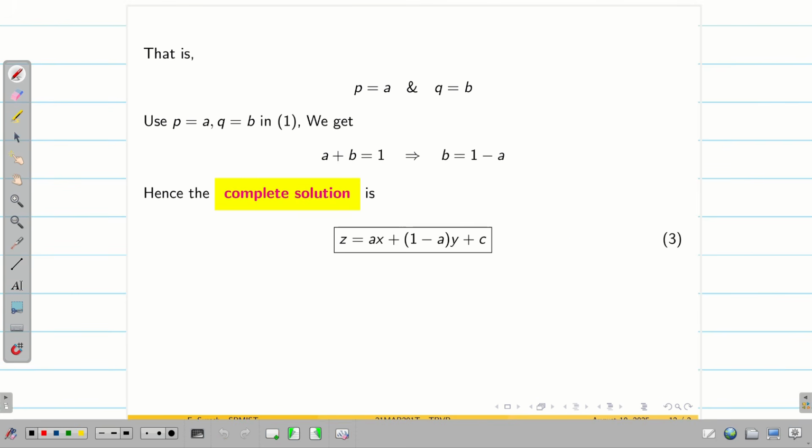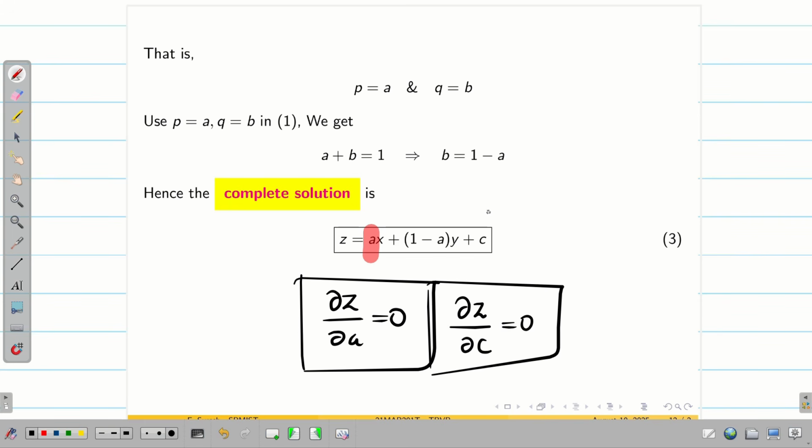Next we are going to find the singular solution. For most of the standard types we don't have singular solution. The reason is, to find singular solution we have the condition ∂z/∂a, because a is one arbitrary constant, and the next arbitrary constant is ∂z/∂c equal to 0. Now when I find ∂z/∂c from equation 3, I will get differentiation of c is 1.